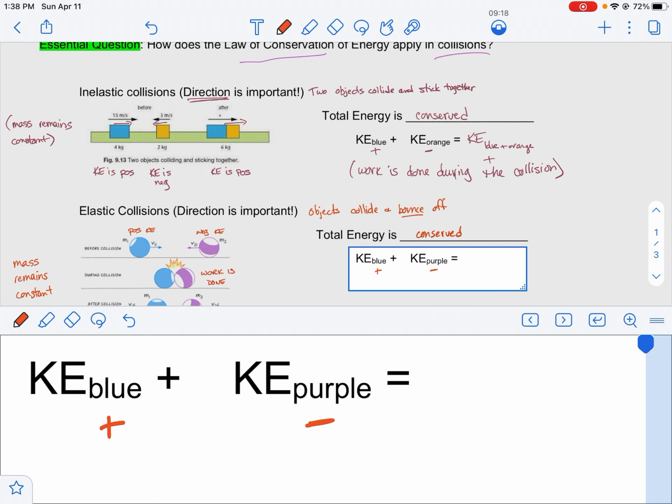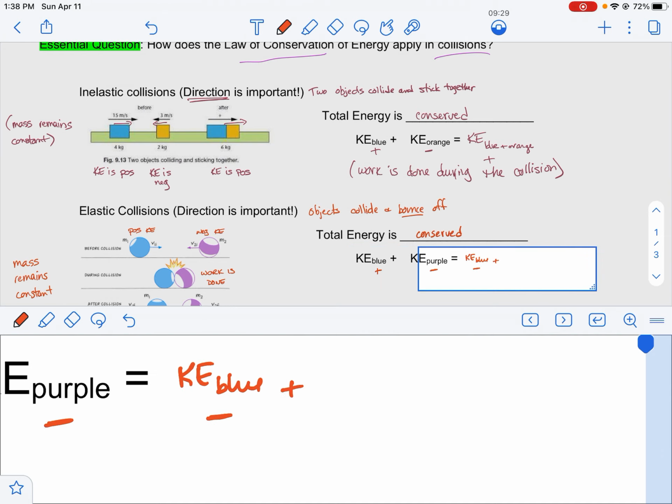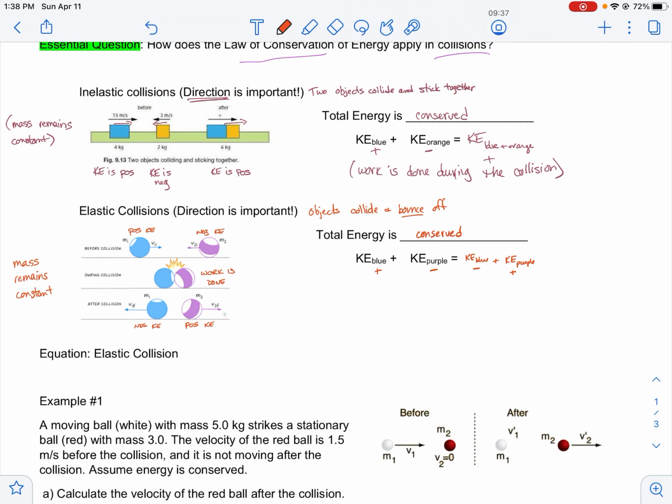The total energy isn't going to change. That's why we have an equal sign here. But the blue ball now has negative kinetic energy, and the purple ball now has positive kinetic energy, because they've changed directions. All right, how do you feel about that?